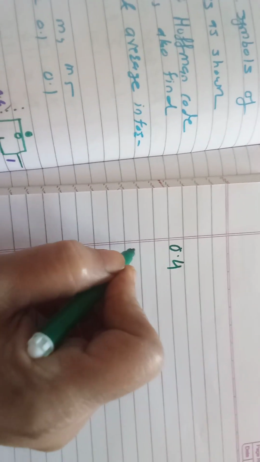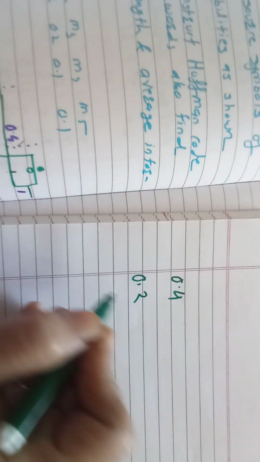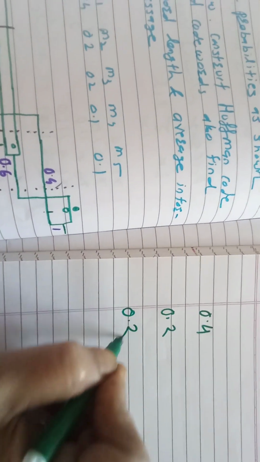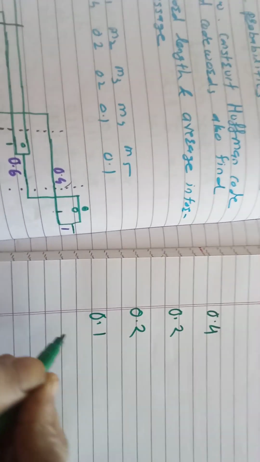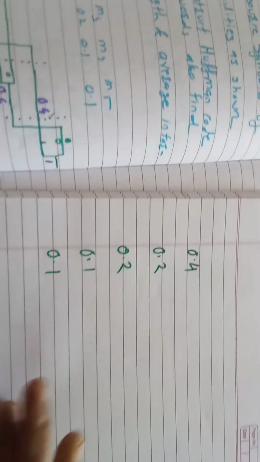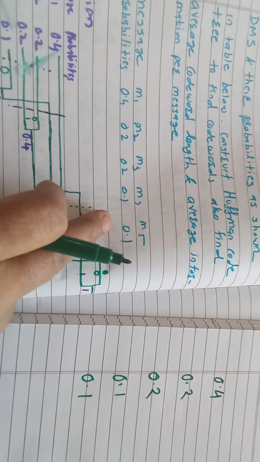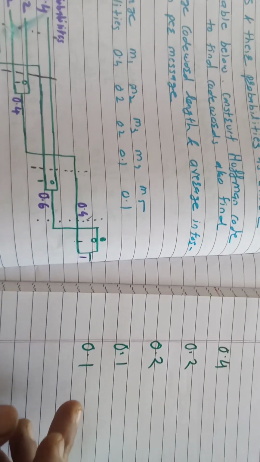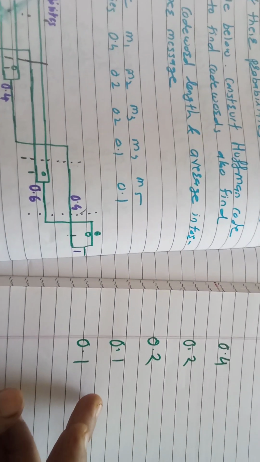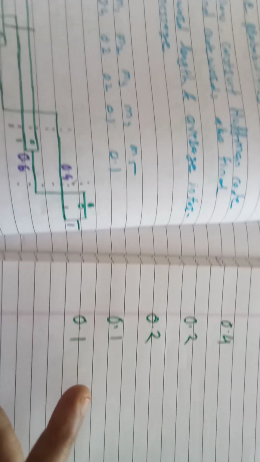Give sufficient space between two probabilities, so 0.2, then 0.2, 0.1, 0.1. So this is the first step. They have already been given in descending order, so we have just written it as it is. But if it is not given in descending order, you have to arrange it in descending order.